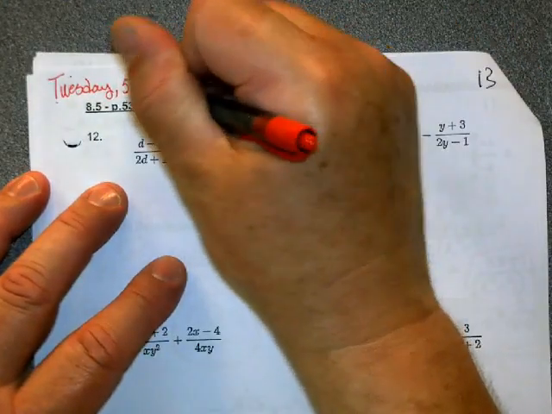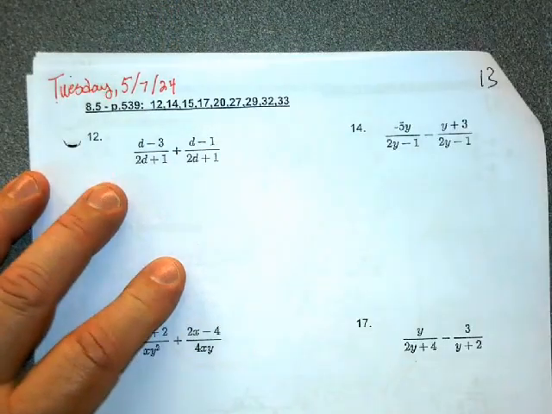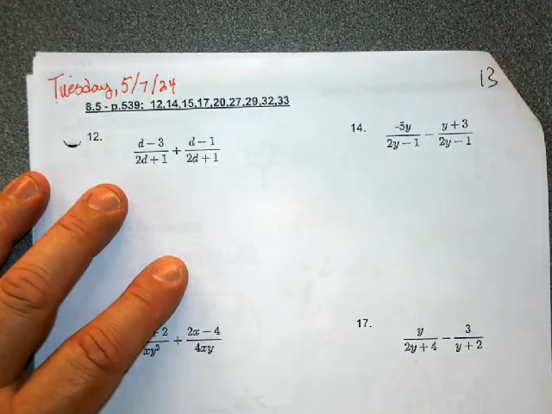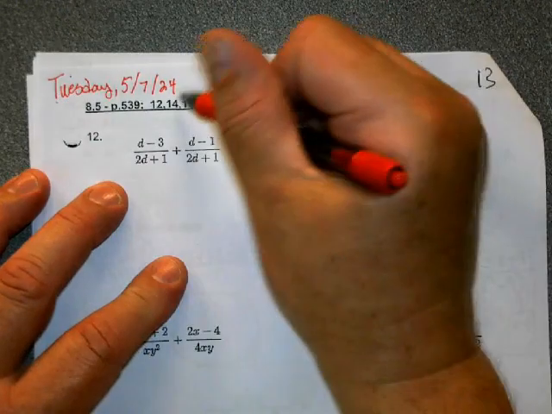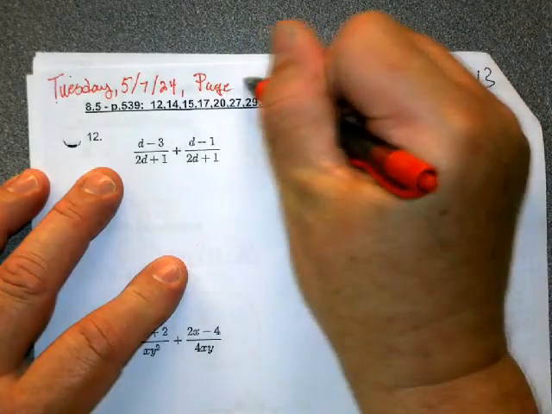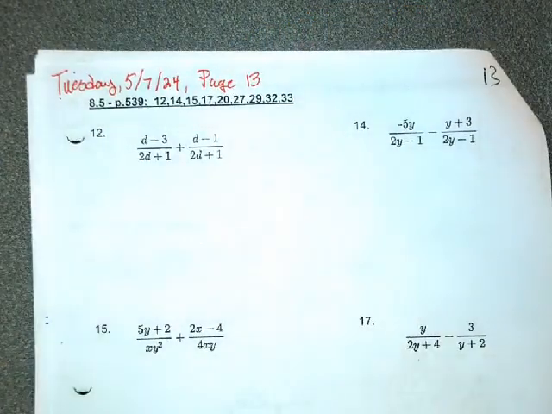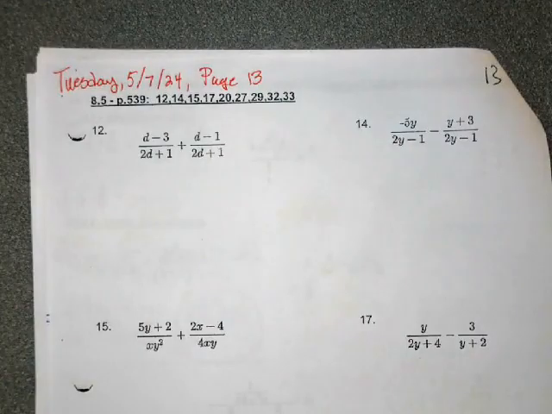Boy, we're getting really close, aren't we? Let's do page 13 for homework. Okay? Give it a shot. We'll keep going on this tomorrow. Usually I spend 2 or 3 days on this, at least. Probably the rest of the week. Okay?